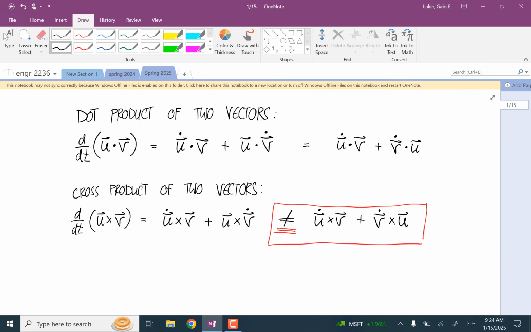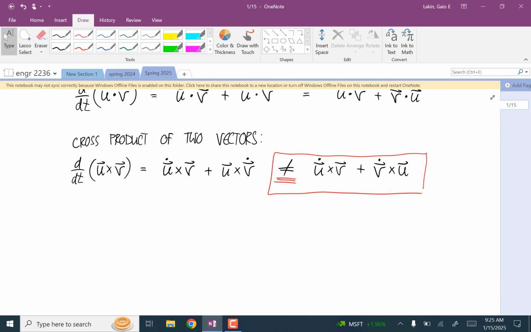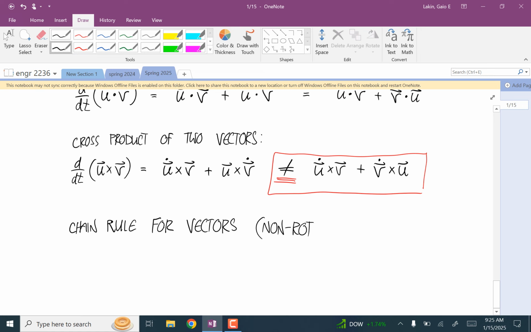Okay, so that's the product rule. And now the chain rule for vectors. And this is for non-rotating coordinate systems.